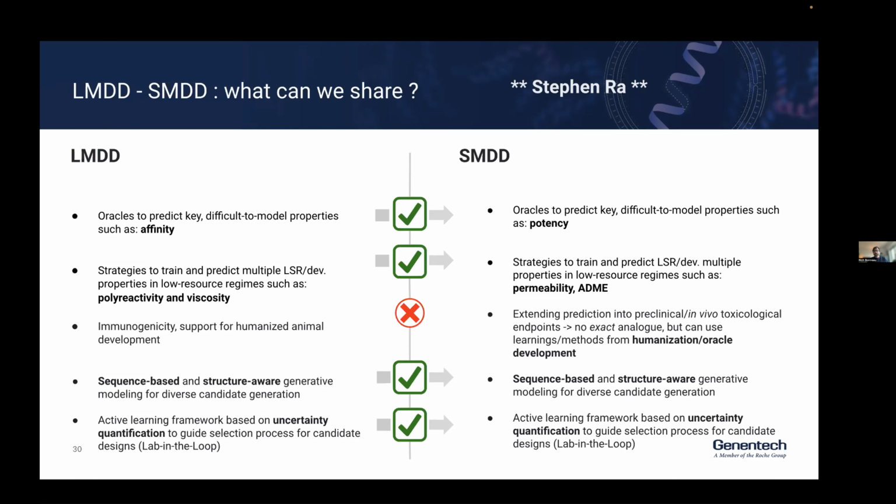And I think one thing we found at Prescient is just going through with our computational chemistry colleagues at Genentech and our colleagues in structural biology at Genentech, when we start thinking through the parallels between what we've learned with our LMDD pipeline and what we might do with SMDD and what we're doing with SMDD, we actually see a surprising number of really strong parallels.